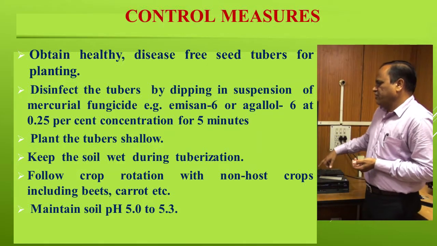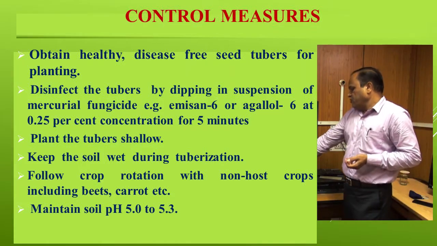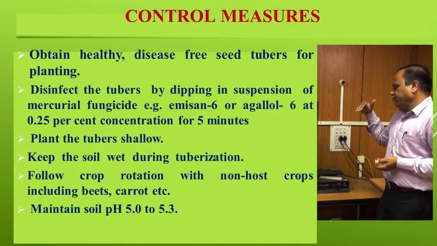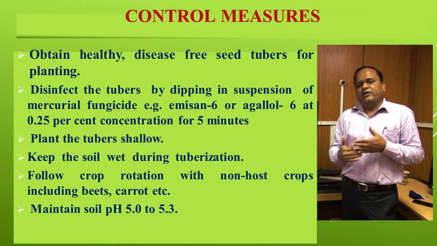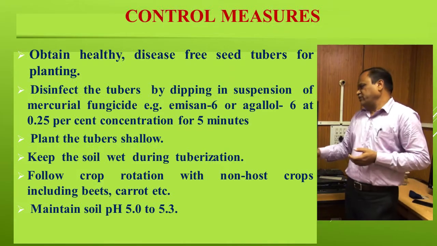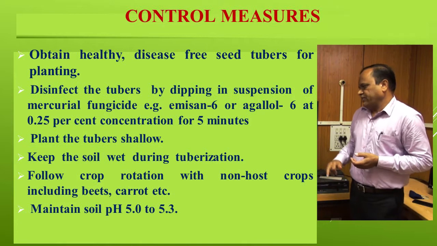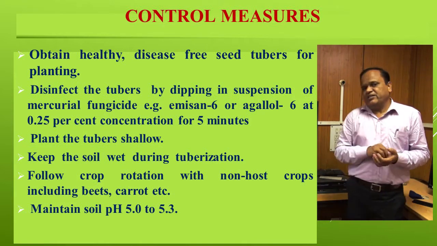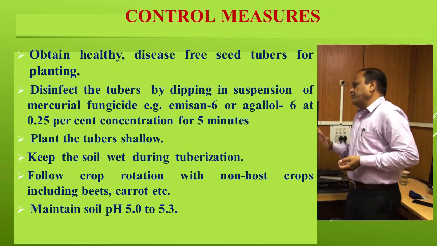Follow crop rotation with non-host crops including beets. So try to grow beets or carrots in rotation. In rotation means after the digging of the potato, you can go for beets and carrots, etc. Always maintain soil pH at 5 to 5.3.